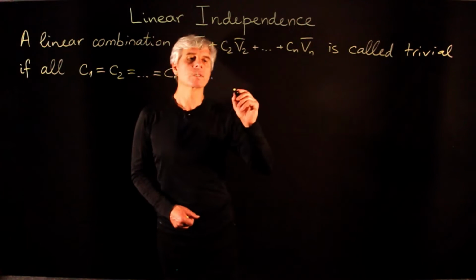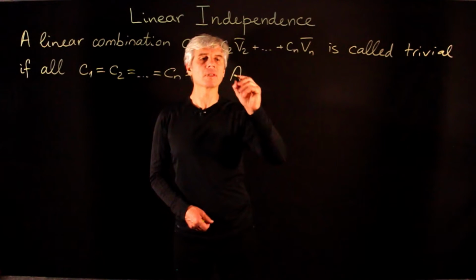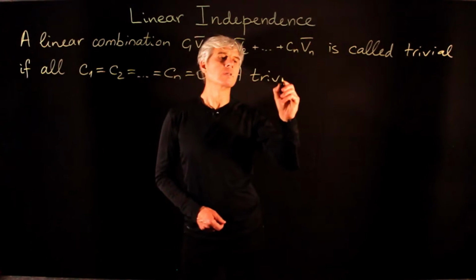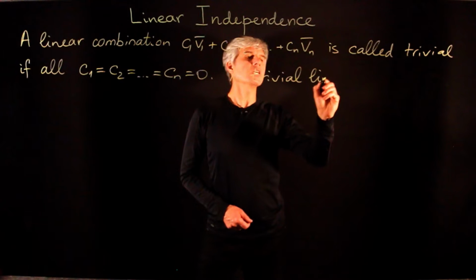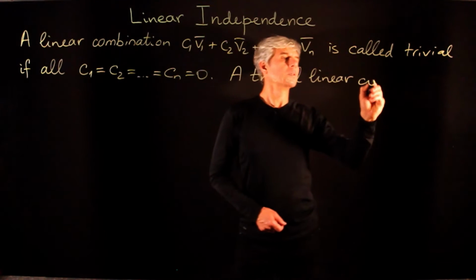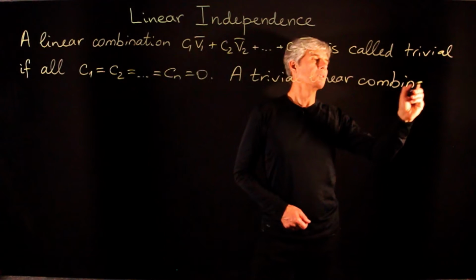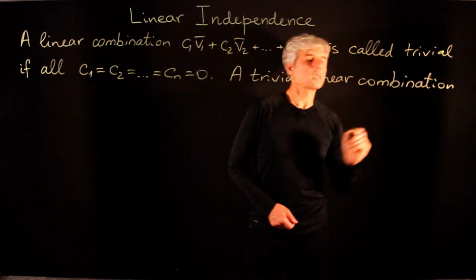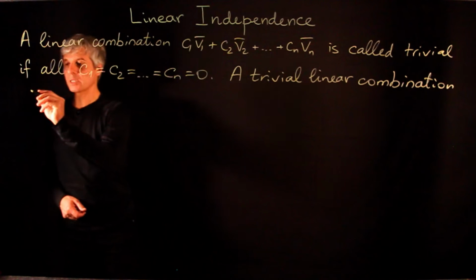And of course, a trivial linear combination is equal to a 0 vector.